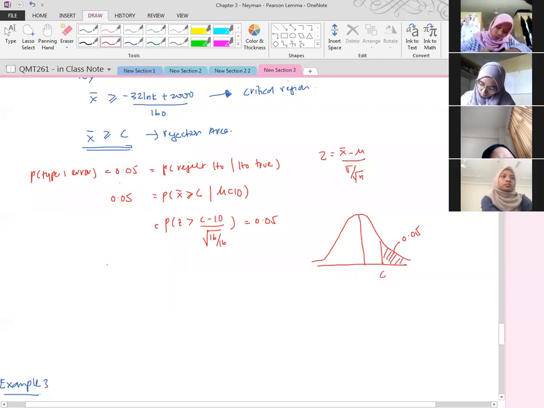So now it becomes 1.645. We can take out the bracket. 1.645 is taken from Z 0.05, so it becomes C minus 10 divided by 1.